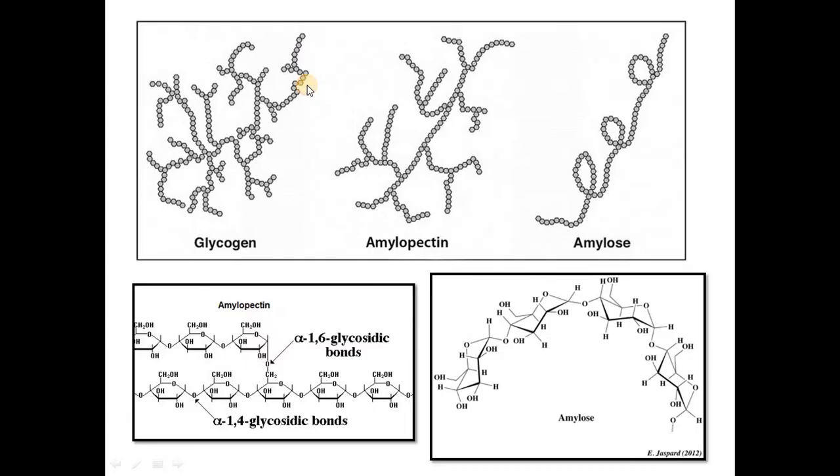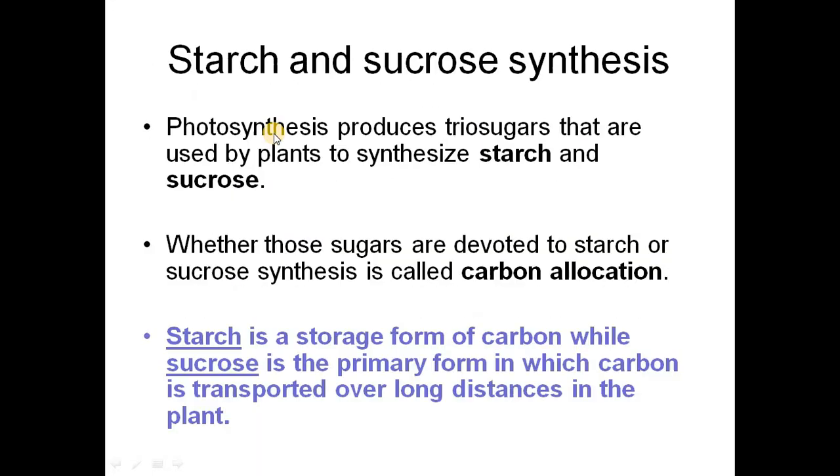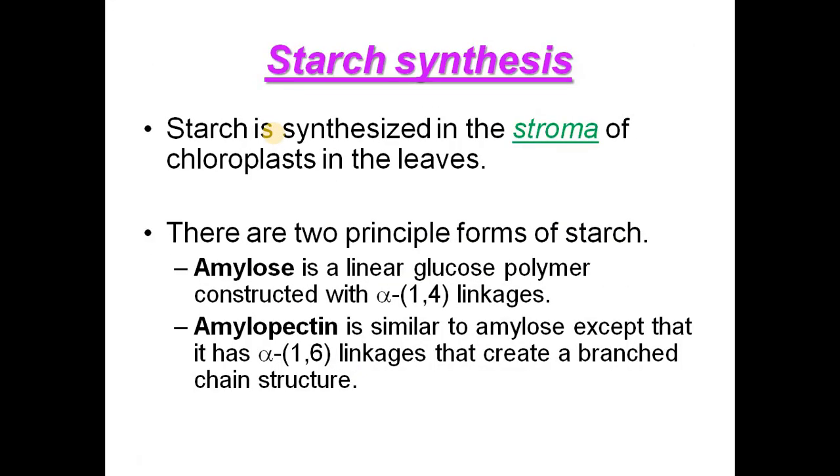As you can see from the previous picture, starch is being synthesized in the stroma, in the chloroplast, mostly in leaves, in that palisade mesophyll. There are two types of starch, amylose and amylopectin. One is branchy, and the other, amylose, is more linear, and also the difference is those connections.